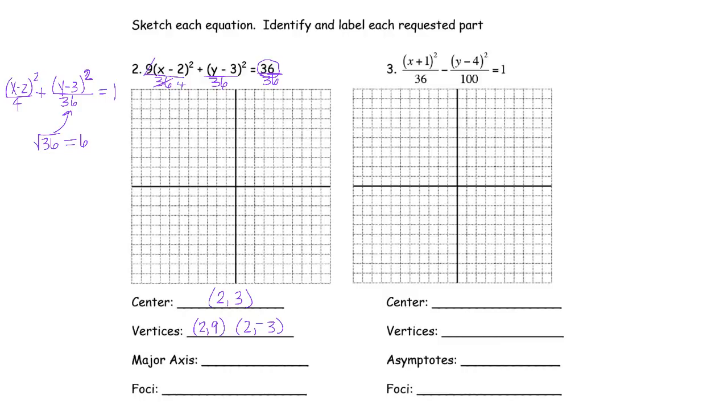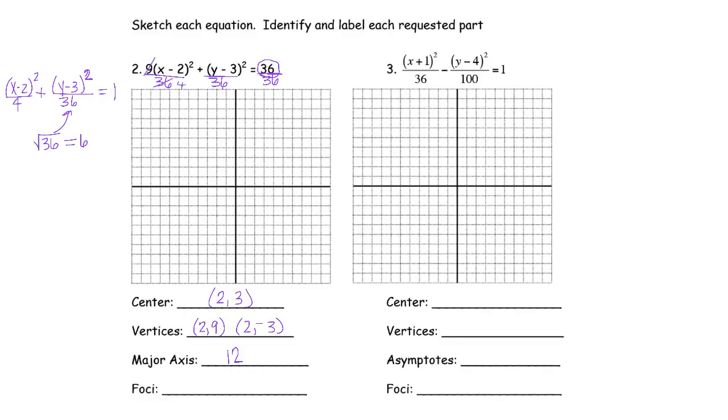Our major axis is the distance between 9 and negative 3, and that should give us 12. Remember, negatives aren't included in total distance. So if we travel from 9 all the way down to negative 3, we've traveled a length of 12.